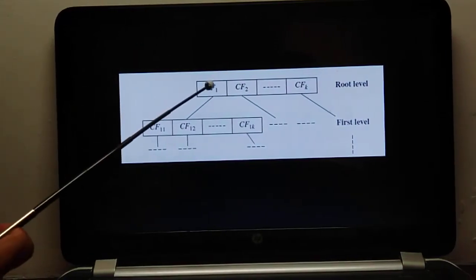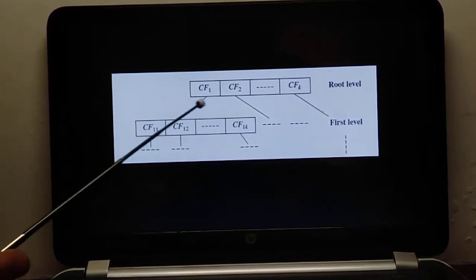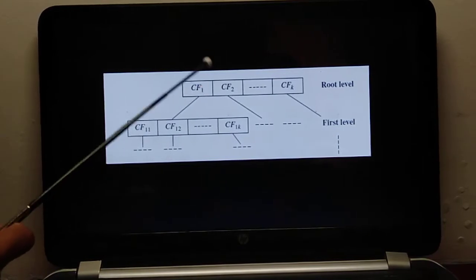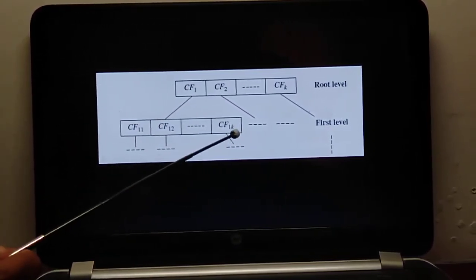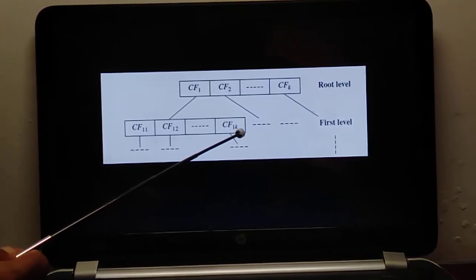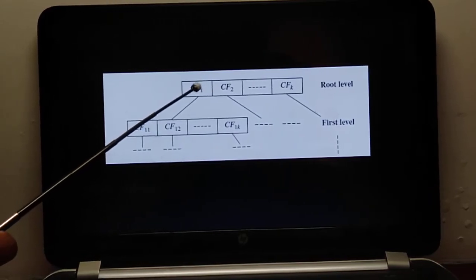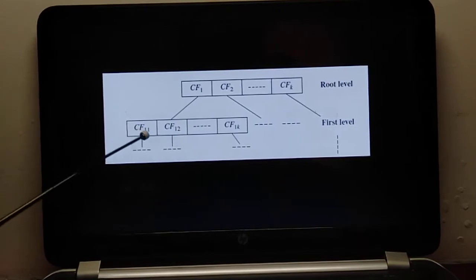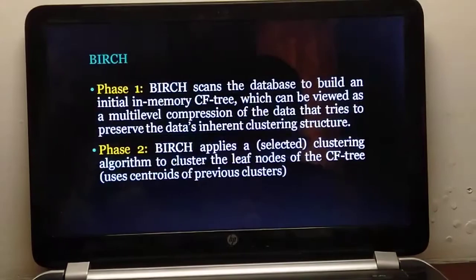This is the root, of course, but this is a non-leaf node. Now, to find this value, CF will be equal to CF1 plus CF2 plus etc. up to CFk. Do you get that? So, just sum all these values, that is the value that is stored over here. In this level, whatever is down over here, all those will be added to get this particular value. This is how the data is stored.